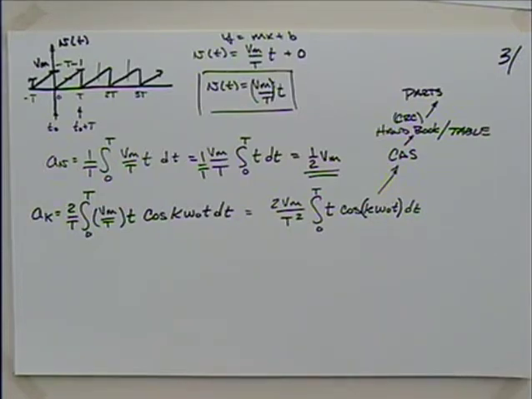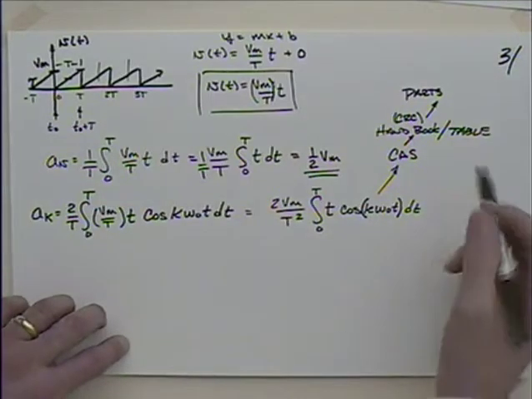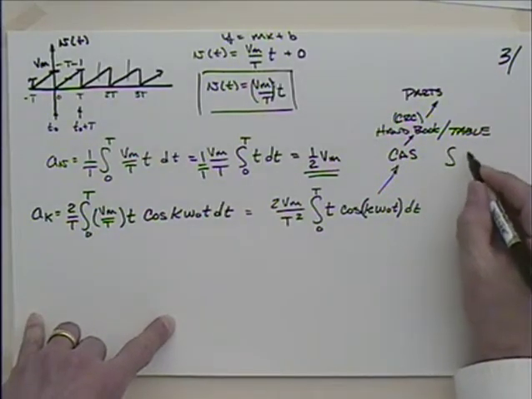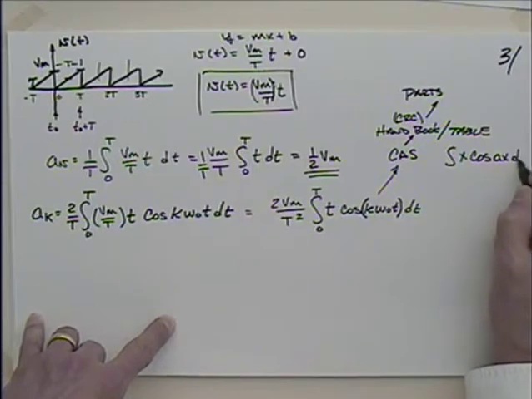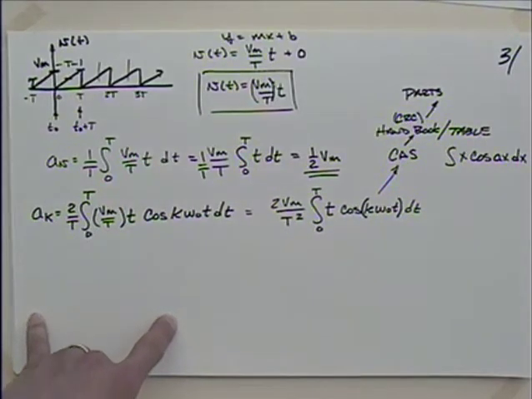And I'm going to kind of gloss over it a little bit. I mean, if we were looking at a table, we'd look at the integral of x cosine ax dx, right? Isn't that what we're looking for, essentially? Okay.